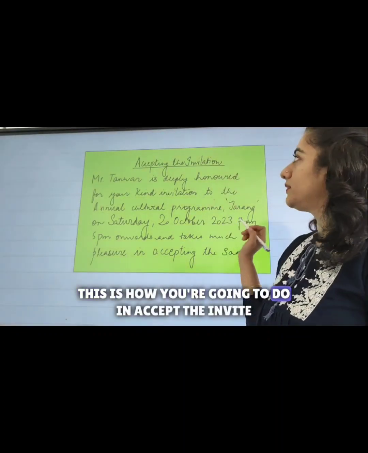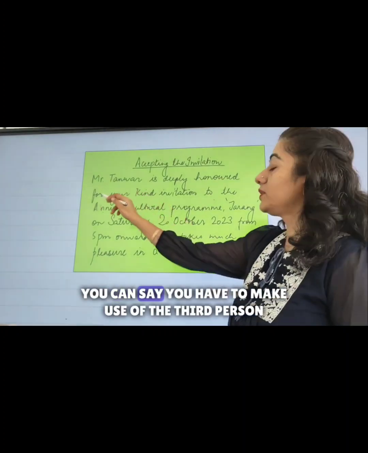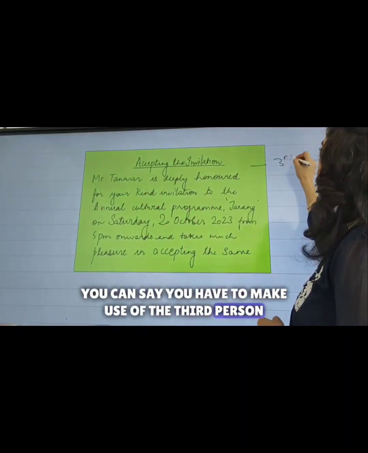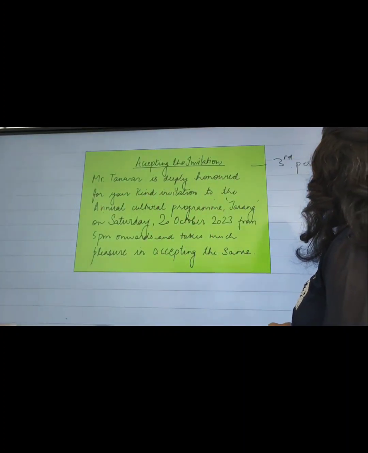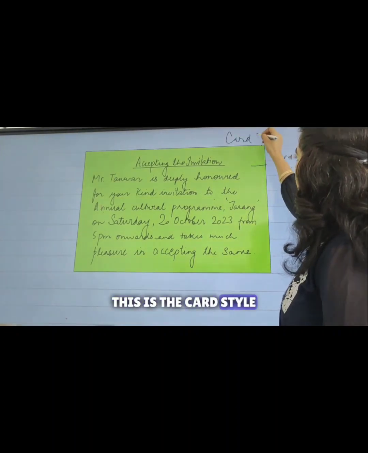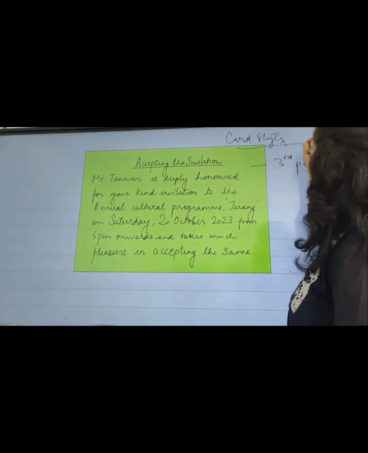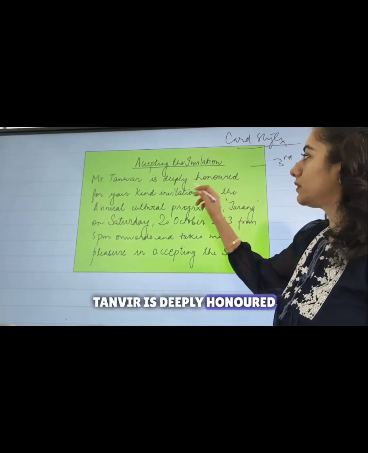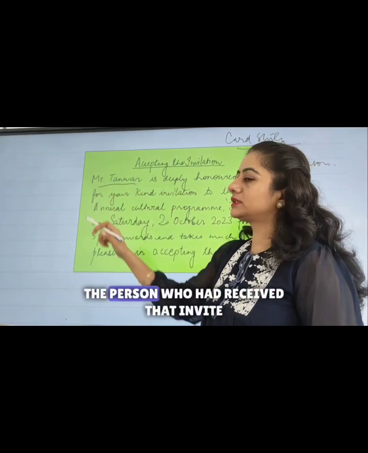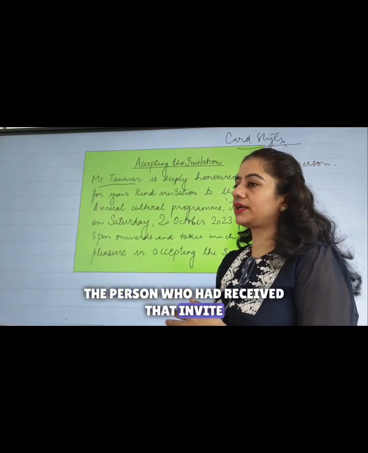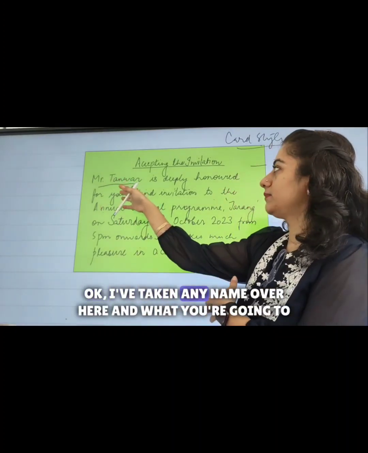This is how you're going to accept the invite. You have to make use of the third person. This is the card style. Mr. Tanwar is deeply honored. Now, the chief person, the person who had received that invite, I've taken any name over here.